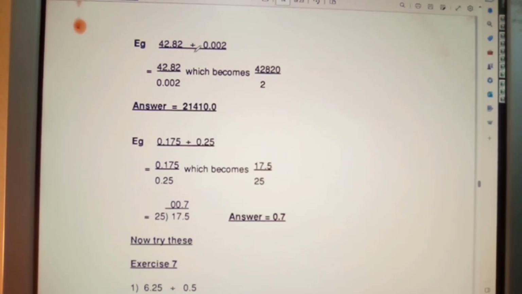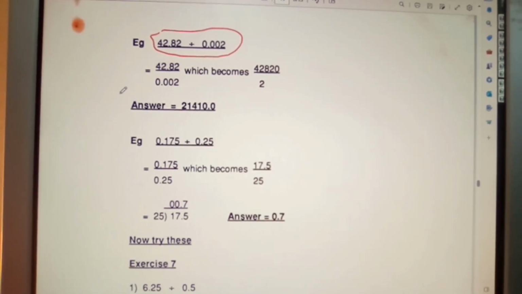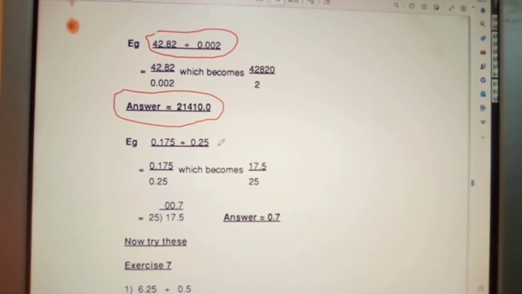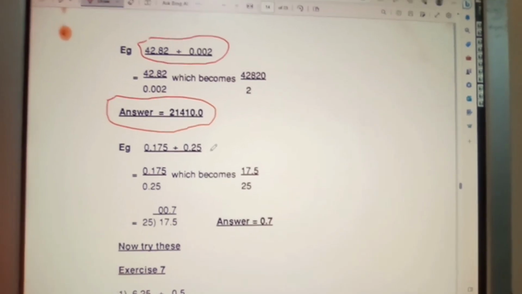And here you have your example, and you have your answer. Make sure you understand how to arrive at the answer. Okay? That's for you to be doing.